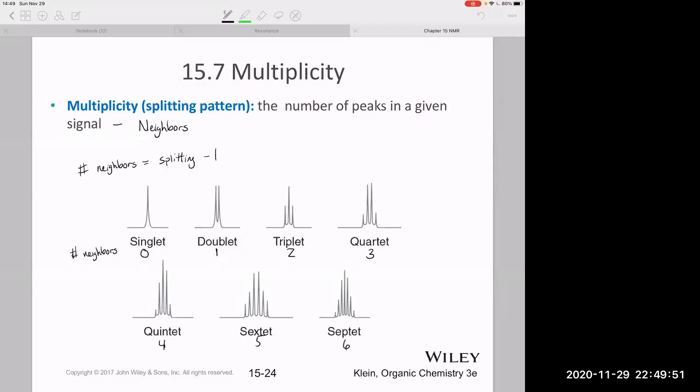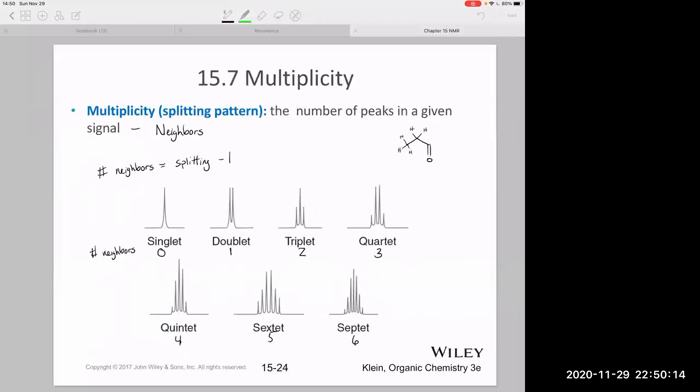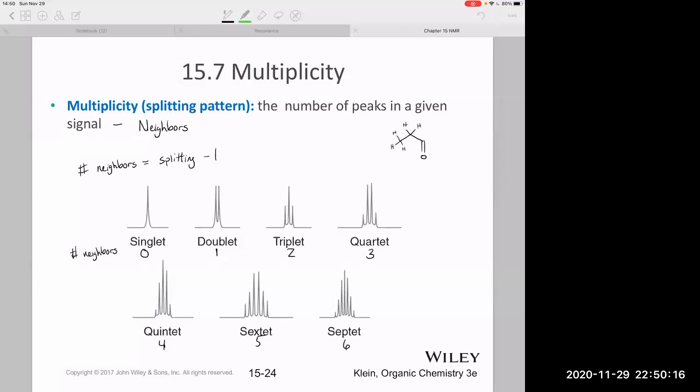So what the heck do I mean by that? Well, let's take a look at something like this. Notice that there are 3 carbons in this aldehyde. Well, I lied.